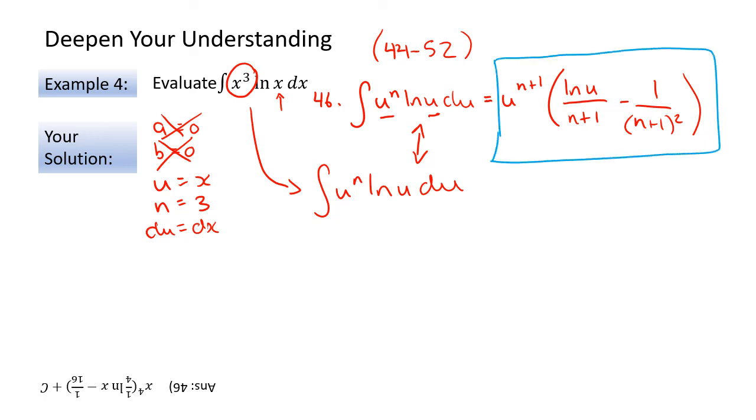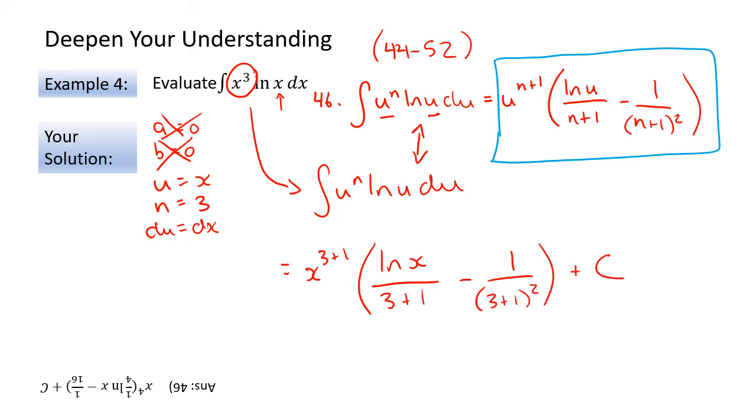And if we do that, we get u, which is x, to the exponent n plus 1, which is 3 plus 1, times the ln of u, which is x, divided by 3 plus 1, which is the exponent plus 1, minus 1 divided by, in this case, 3 plus 1 squared.